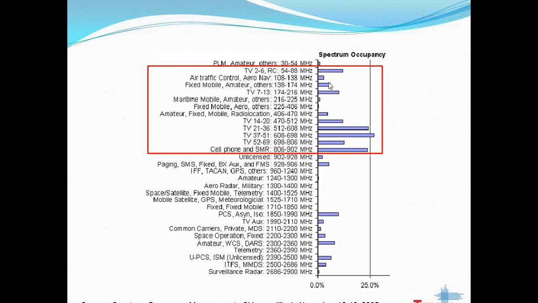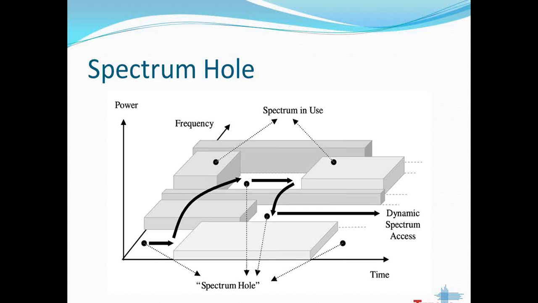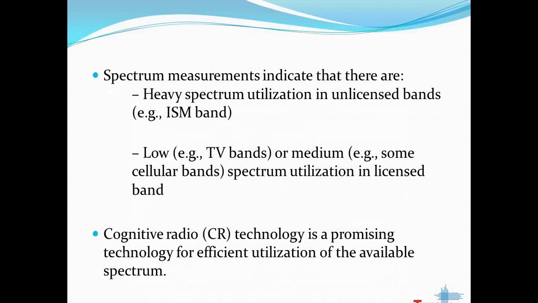And hence, this results in what I would say is a spectrum hole, that for some time the spectrum is being used and the rest of the time it is not used. Whenever the spectrum is not used, these regions are called spectrum holes. I'll be going more into this in detail later.